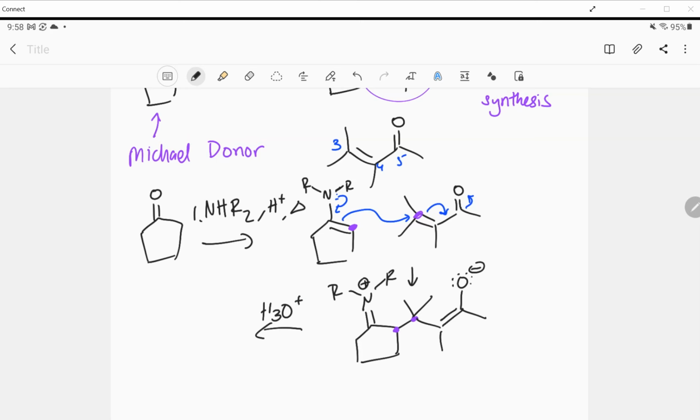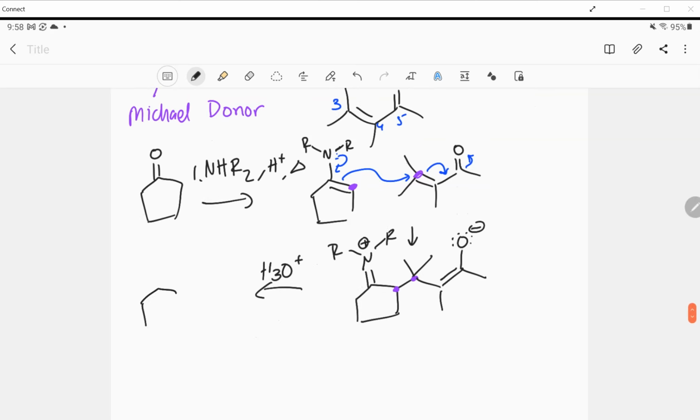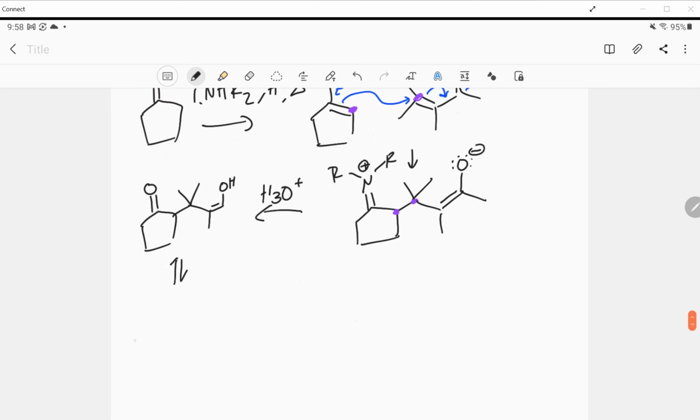Doing so will not only form the enol on the right side, but it will also hydrolyze our imine, giving us the enol technically, which then tautomerizes to form the ketone on the other side. Did I lose a carbon? I did. There we go.